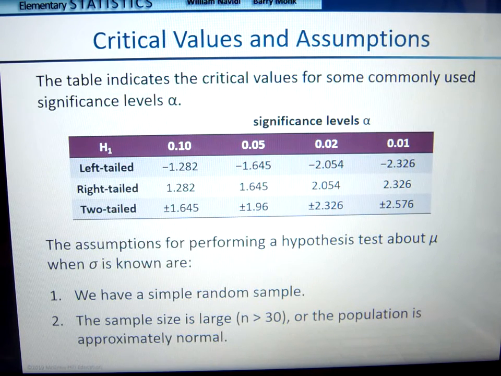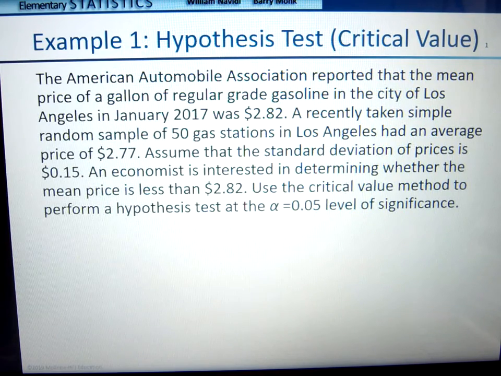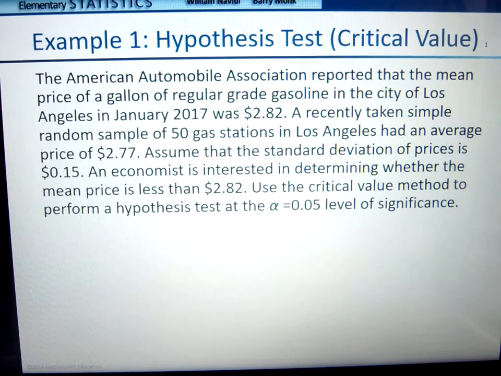All right, so let's assume for performing the hypothesis test about the mean when the standard deviation is known, that we do have a simple random sample, and that the sample size is large, which means bigger than 30, or the population is approximately normal. Here we have the American Automobile Association reporting that the mean price of a gallon of regular grade gasoline in the city of Los Angeles in January 2017 was $2.82.